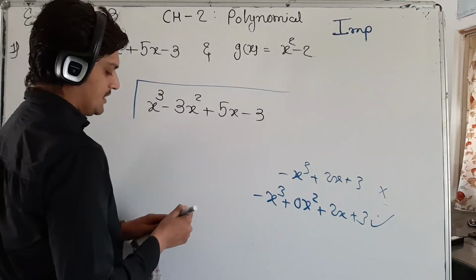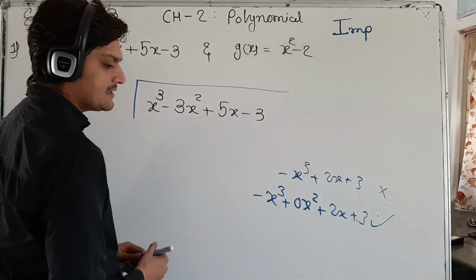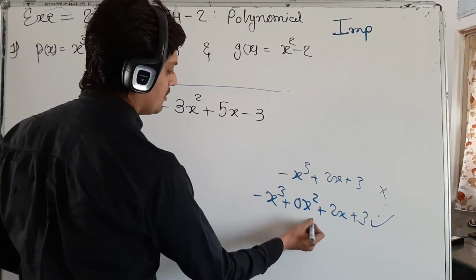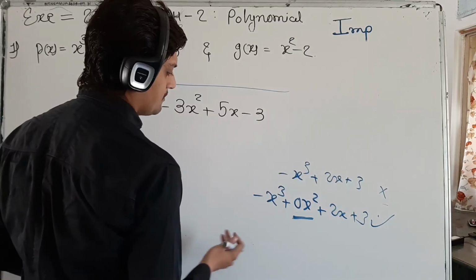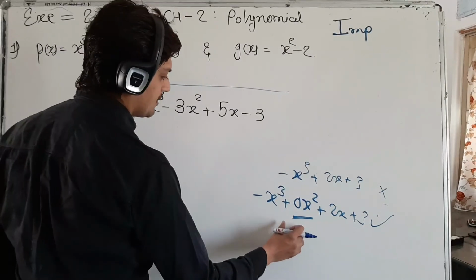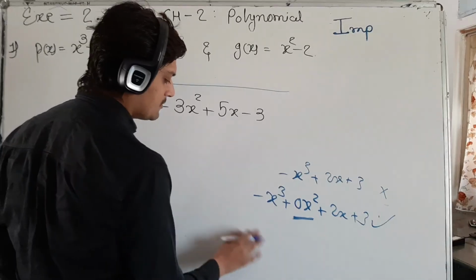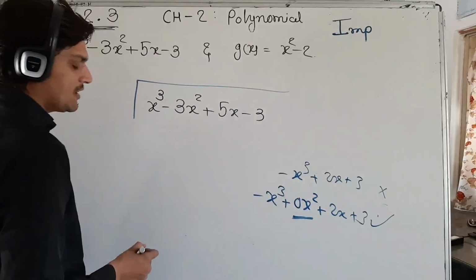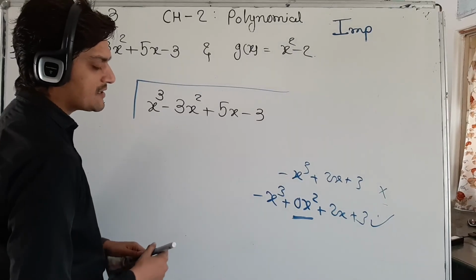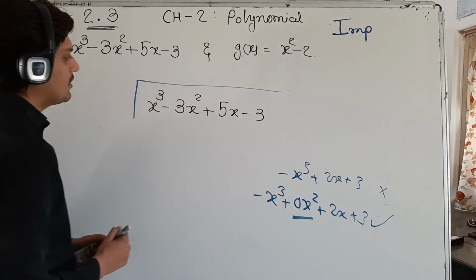You have to add the 0 yourself. Otherwise, you have to skip that term, meaning leave some space for it. We will also solve that type of question, so don't be worried if you still don't understand. After 2 or 3 questions you will definitely understand what I want to say.